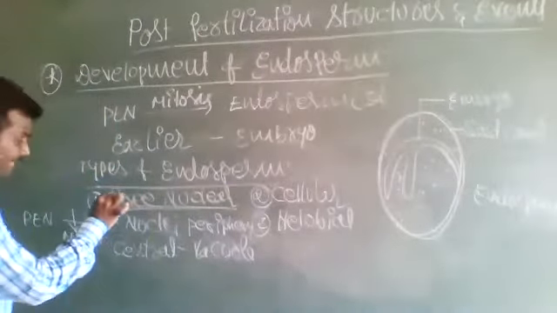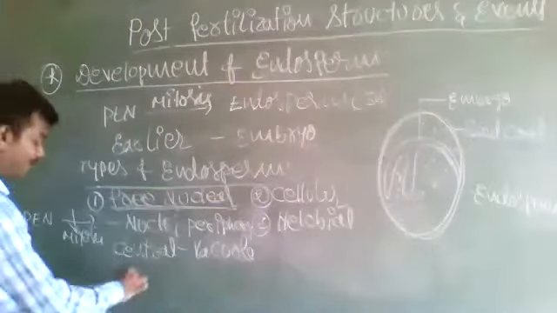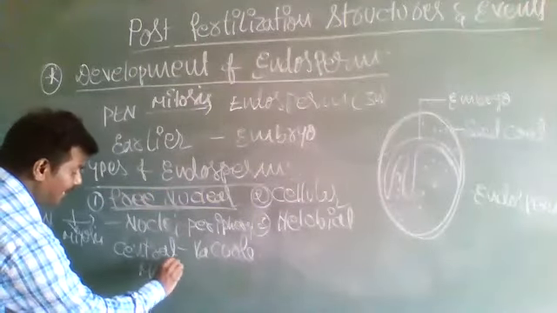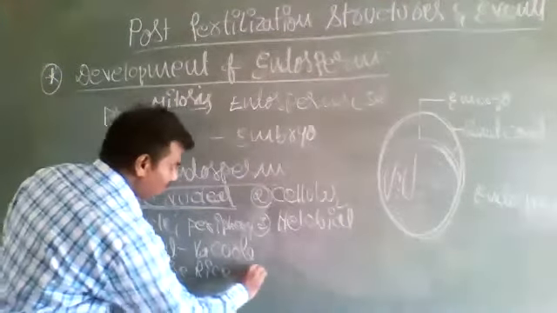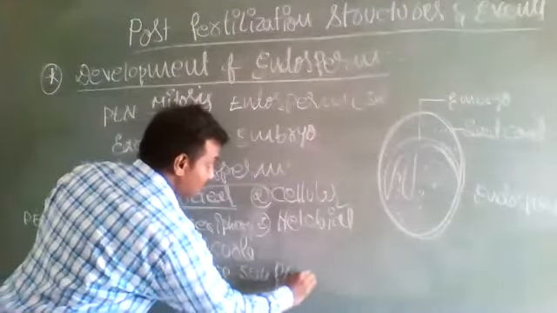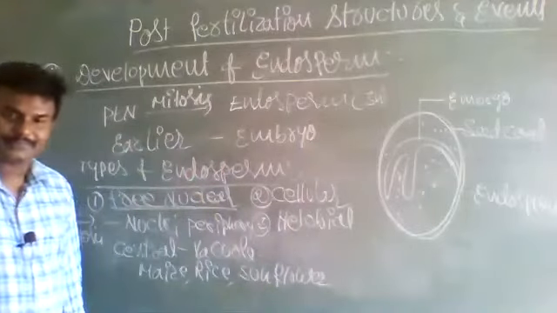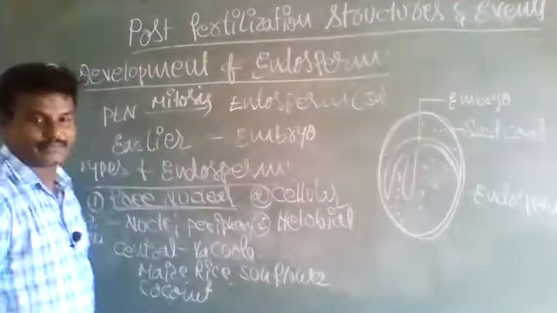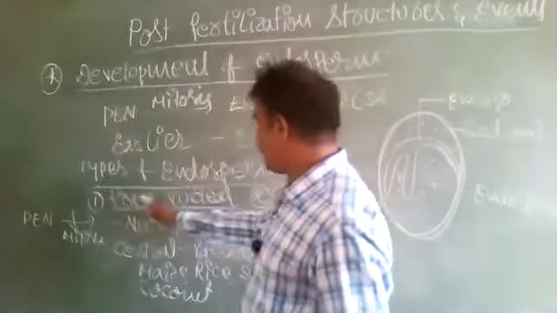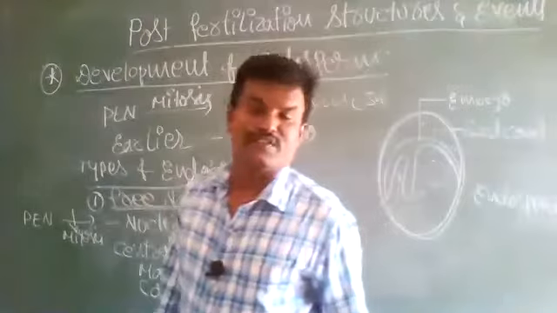So free nuclear endosperm is commonly formed in maize plant, rice plant, sunflower plant, coconut, etc. In those plants, free nuclear endosperm is formed.